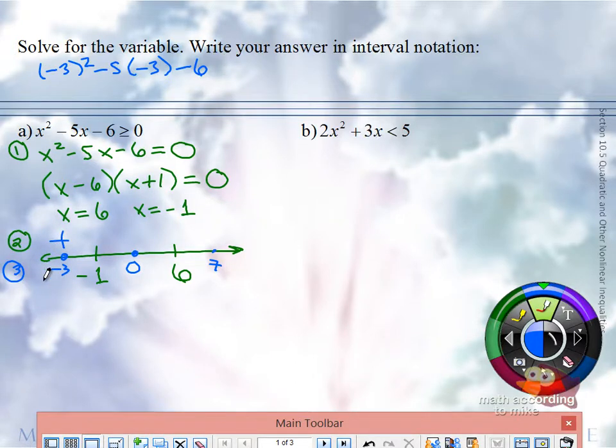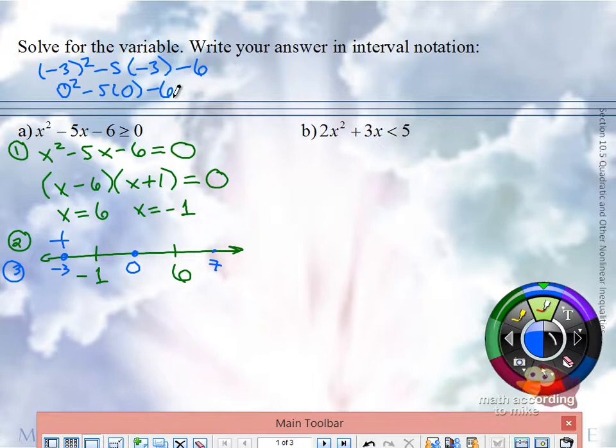So negative 3 gives me positive, which means any number to the left of negative 1 gives me positive. And I'm going to put in 0. 0 squared minus 5 times 0 minus 6. All right. What does 0 give you, positive or negative?